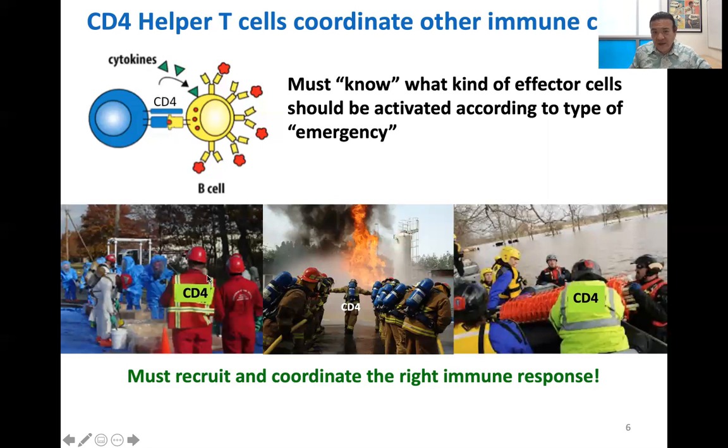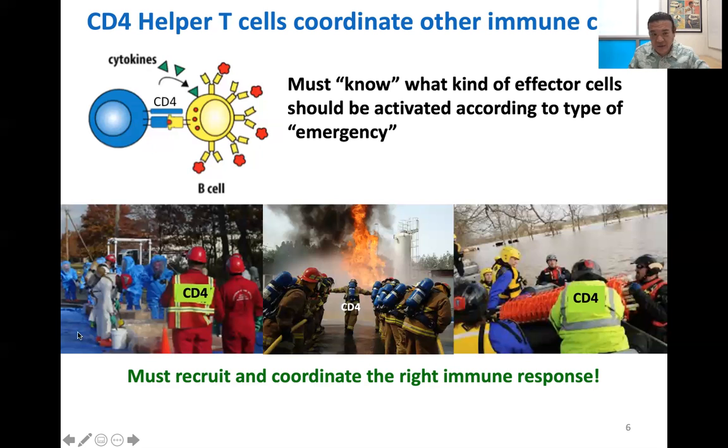So if you think about, for example, large federal emergency management teams, things like that, like FEMA, they are sent out to deal with all kinds of natural as well as man-made disasters, right? Whether it's like a biohazard spill or a fire or a flood, right?